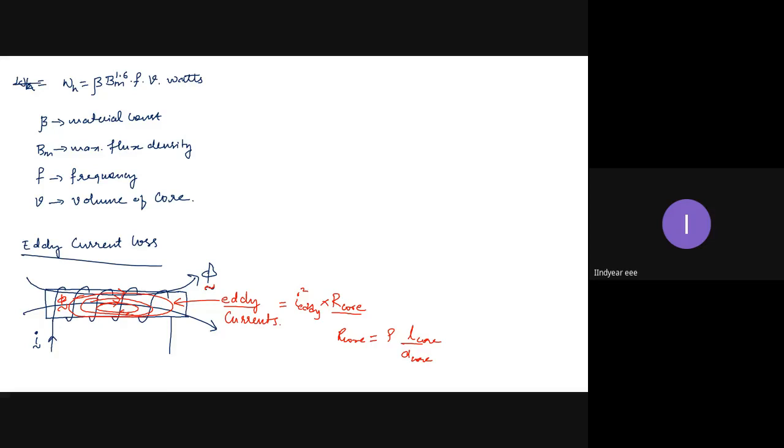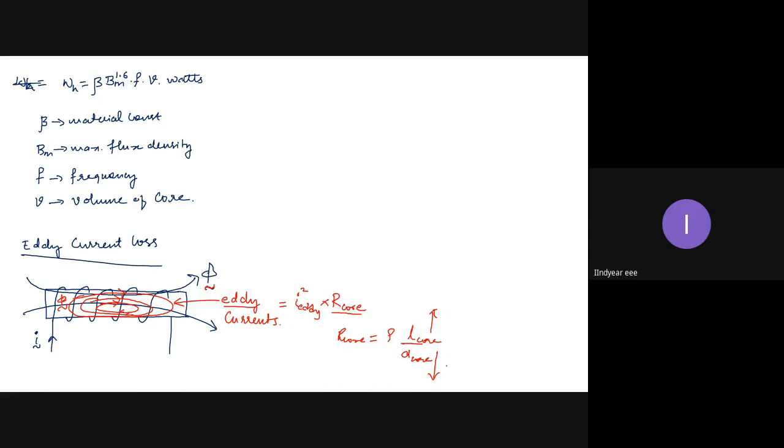How can I keep it very high? If I want the resistance of the core to be very, very high, then the length of the core should be increased, and the area of the core should be decreased. But the problem with length and area of the core is that the dimension of the core depends upon the output power of the motor.